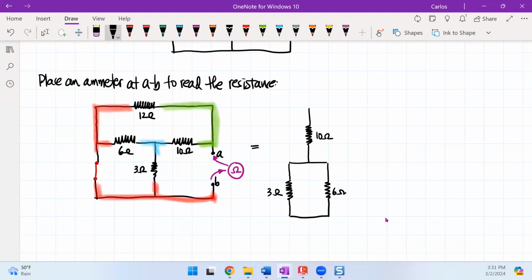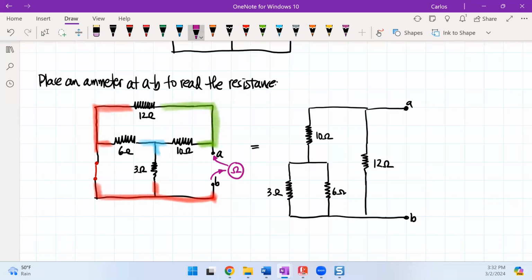And then I see that the 12 is in parallel with everything. And so here's my 12 ohm. So then I have my nodes A and B.